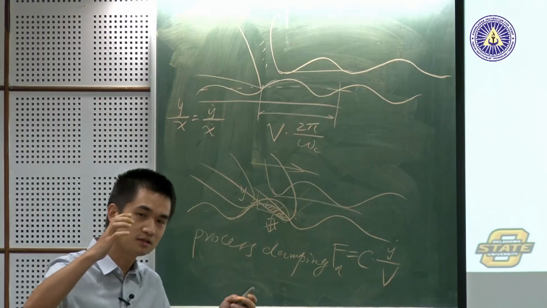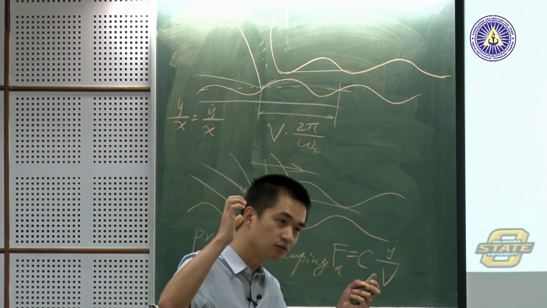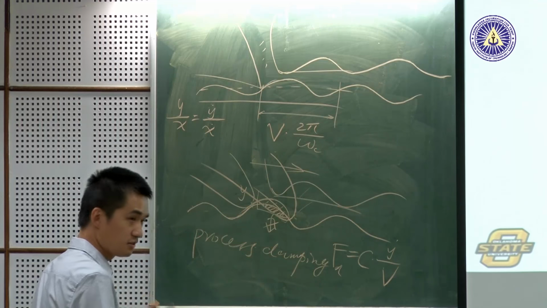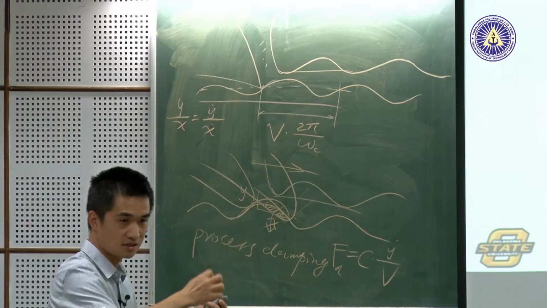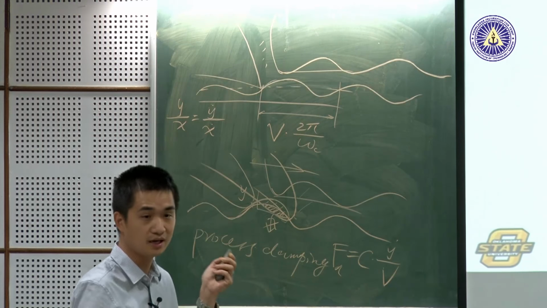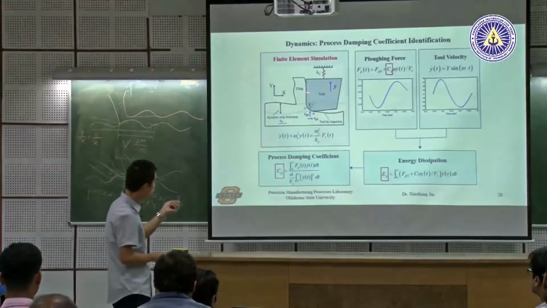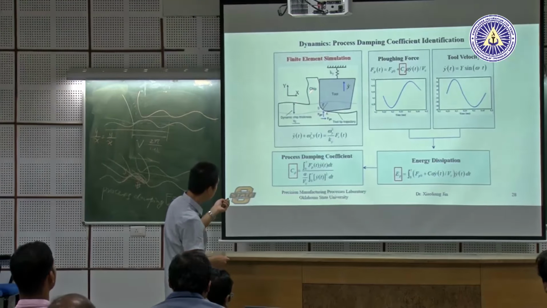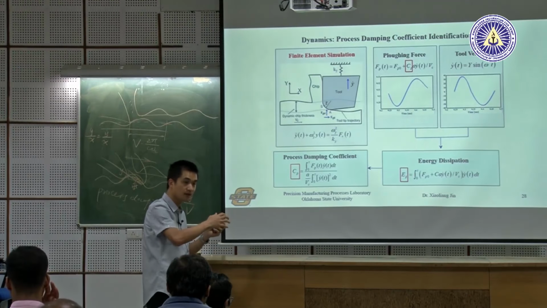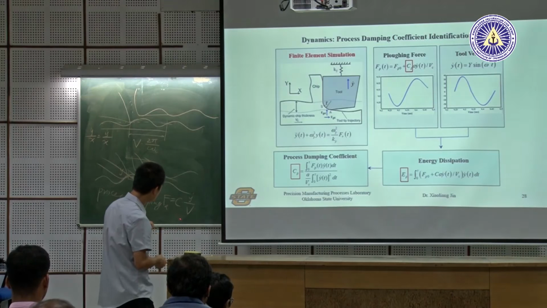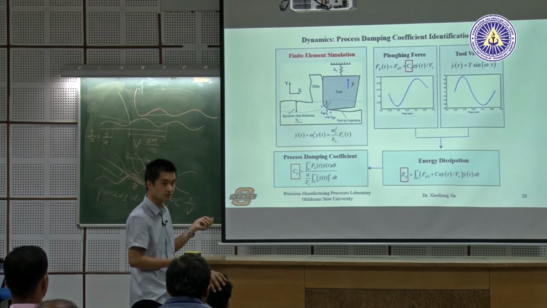What they do is press the tool edge onto the workpiece slowly, which I think is okay, but it's still a quasi-static way. But again, this happens at a very high speed, so it's very difficult to calibrate. That's why I try to run a few simulations, not cutting, but just pressing in at a very high speed, and measure the force and the displacement, then calibrate C from the FE simulation side.